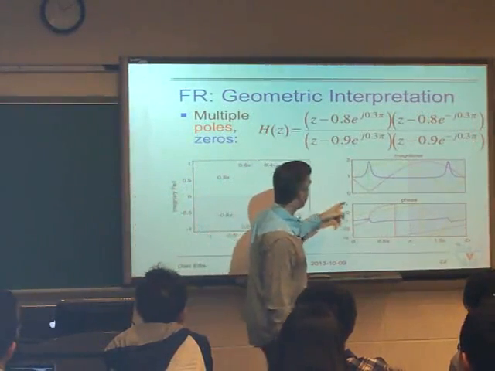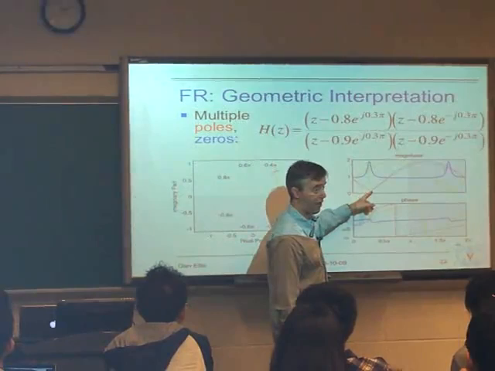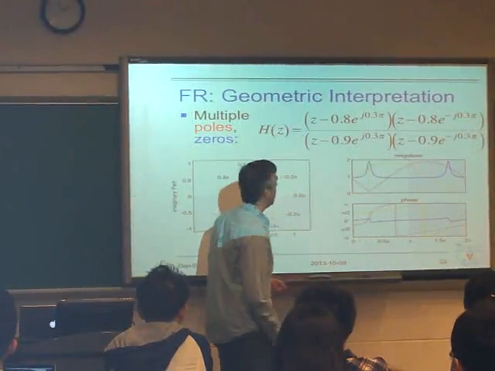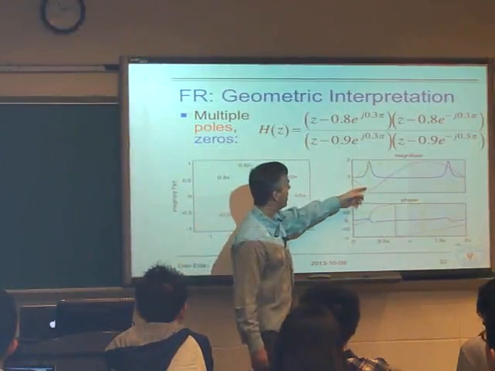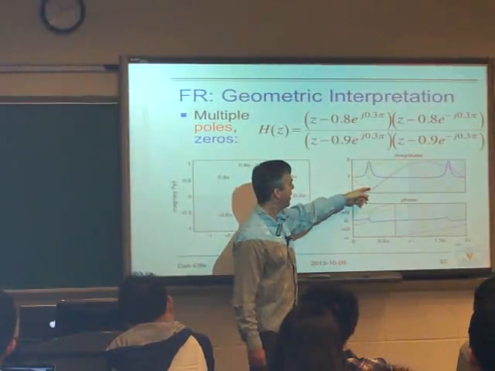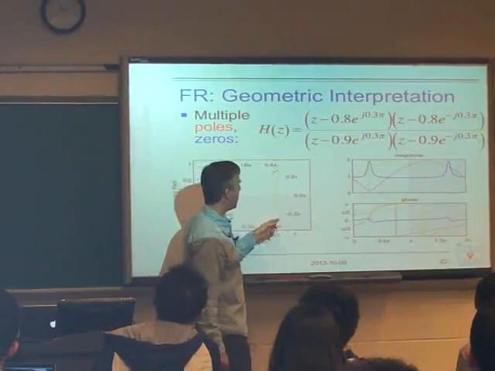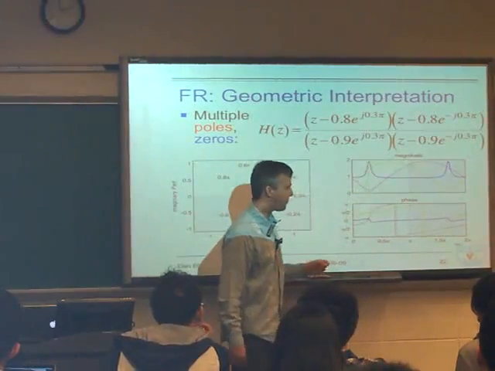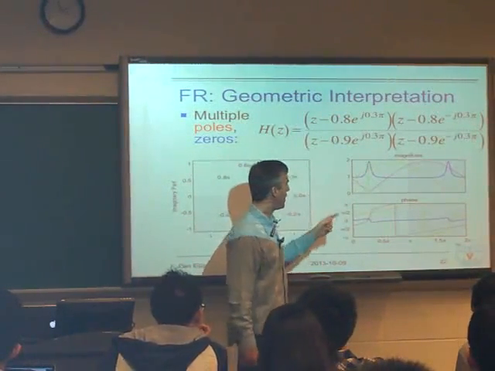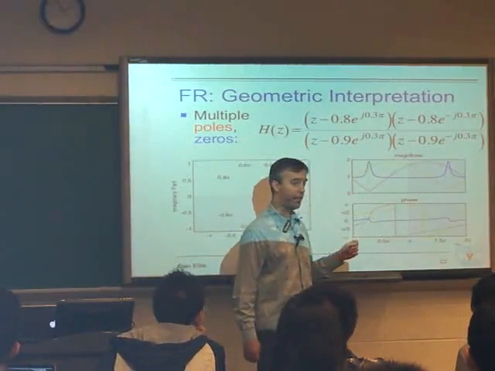For the red, I've actually drawn the length of the vector here rather than the magnitude response, because what we're going to end up with is the ratio of these two. It's going to be the blue divided by the red times the green divided by the orange. By drawing them that way, it's clear that most of the time they're pretty close together.